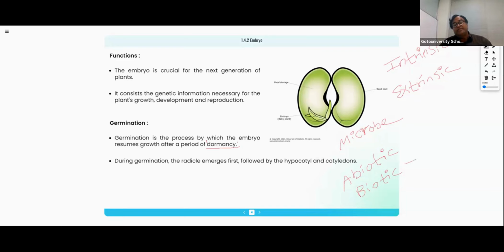A biotic factor example is beneficial microorganisms. Abiotic factor examples, as I told you already, are not only humidity, not only water quality, not only soil quality, but also the amount of air pressure in the atmosphere. So many parameters come under abiotic parameters, right? Whereas for biotic factors, I already gave the example, microorganisms.